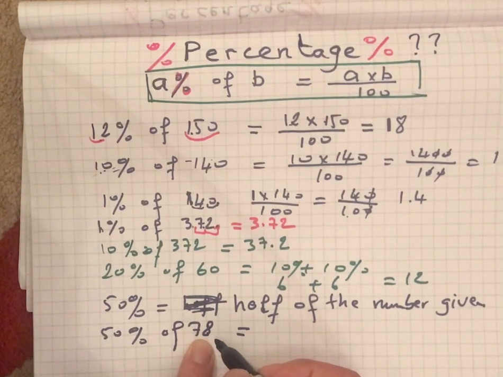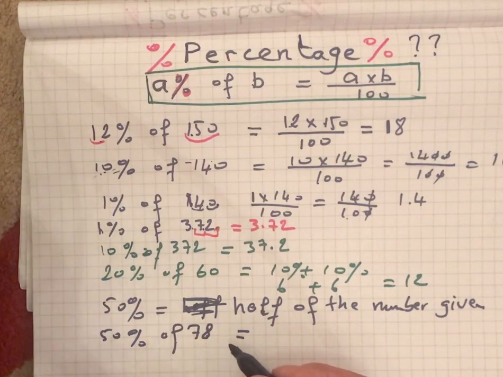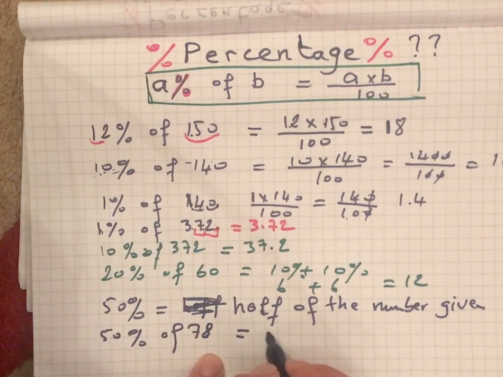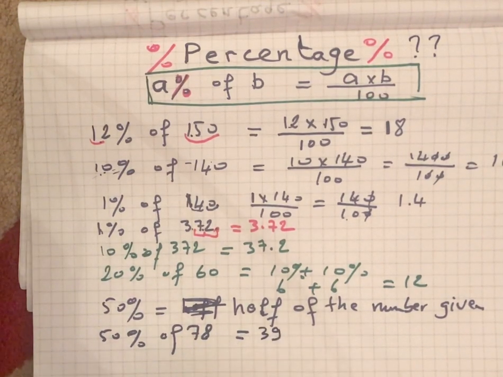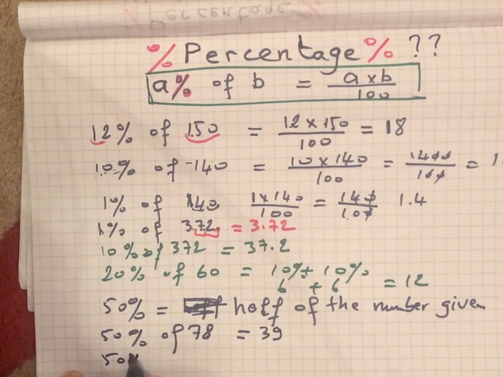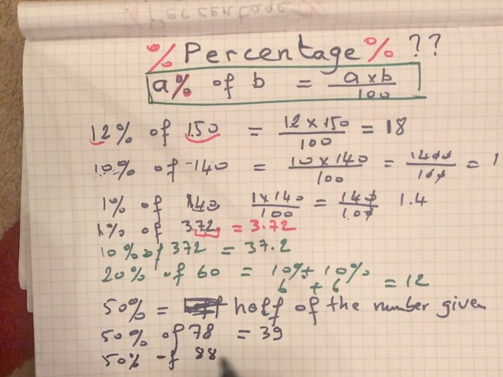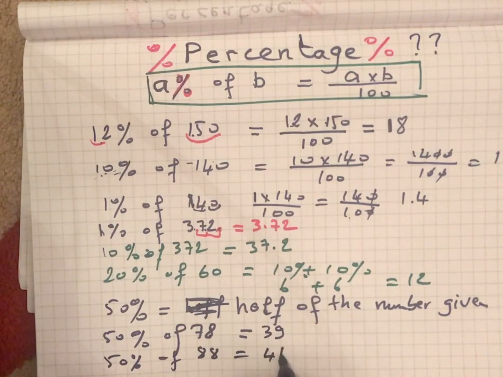So 35 plus 3, 35, 36, 37, 38. Am I right? 35 plus 4 is 39. So 50% of 78 is 39, which is half of 78. 50% is very easy to work out. Let's say 88, half of 88 is 44.